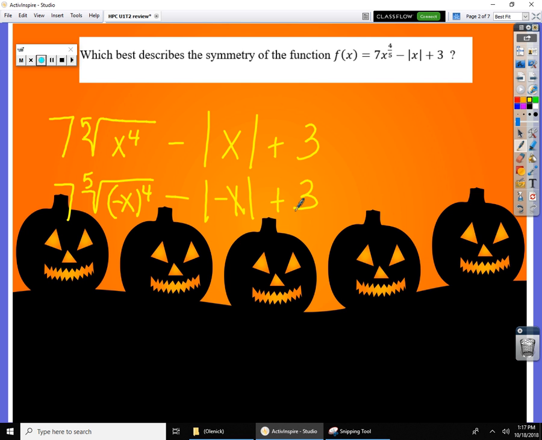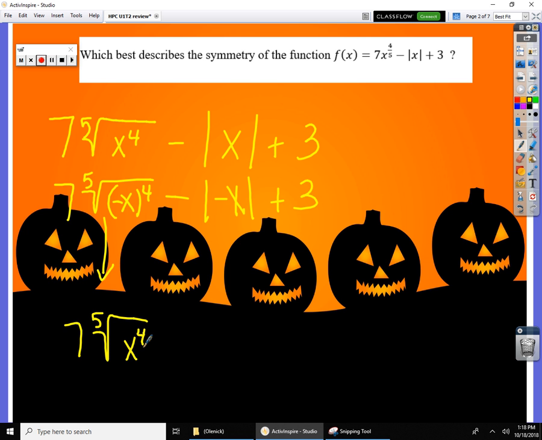Well, what happens when I take a negative number to an even power? It's positive. If I have an even power, it will always come out positive. Even power always comes out positive, right? So this is going to stay 7, the fifth root of x to the fourth power.